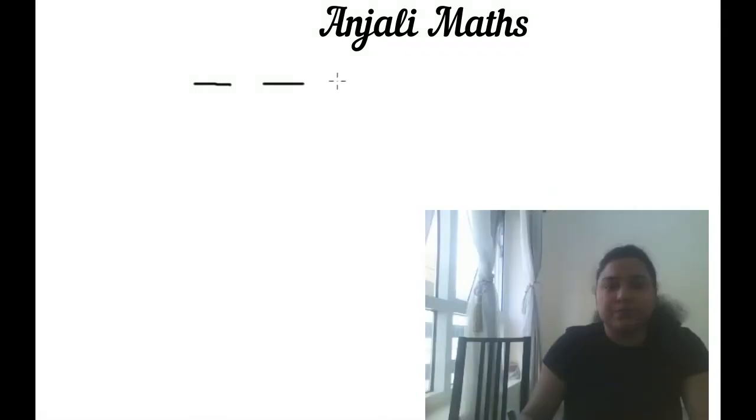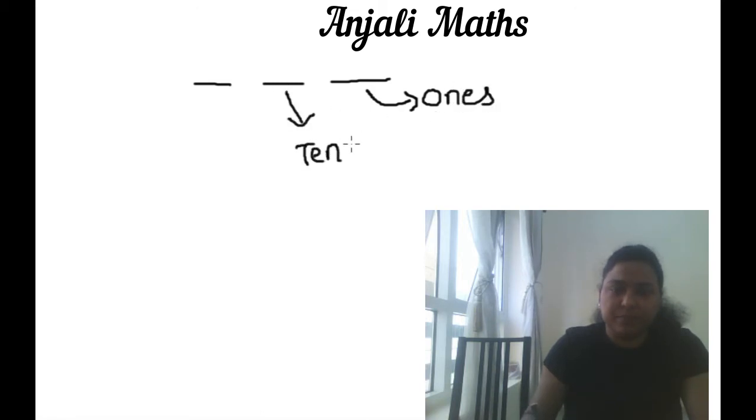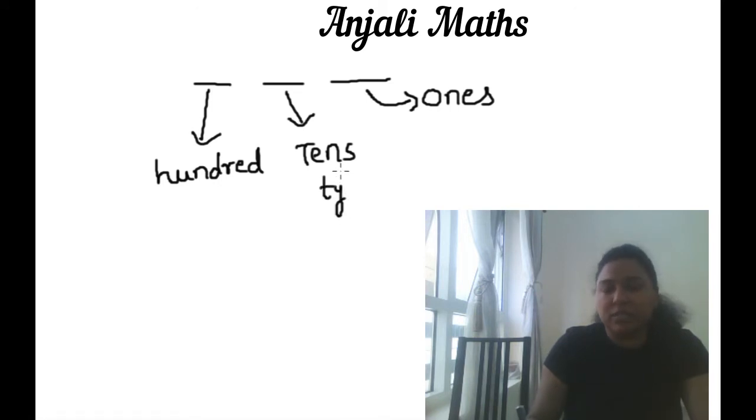Three-digit numbers. We know this is ones, this is tens, and this is 100. In the way we were adding ty at the end of the tens position number, in the same way we will add 100 to the number in the third place.